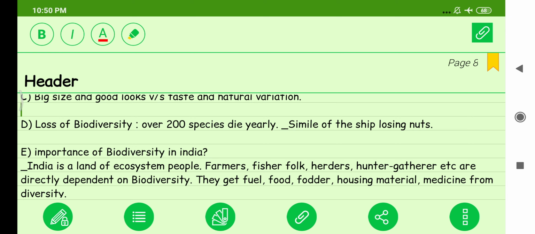Same is the case with our earth. If we lose a species after a species after a species, a time will come that life on this planet will end, life on this planet will fall, we all will die.